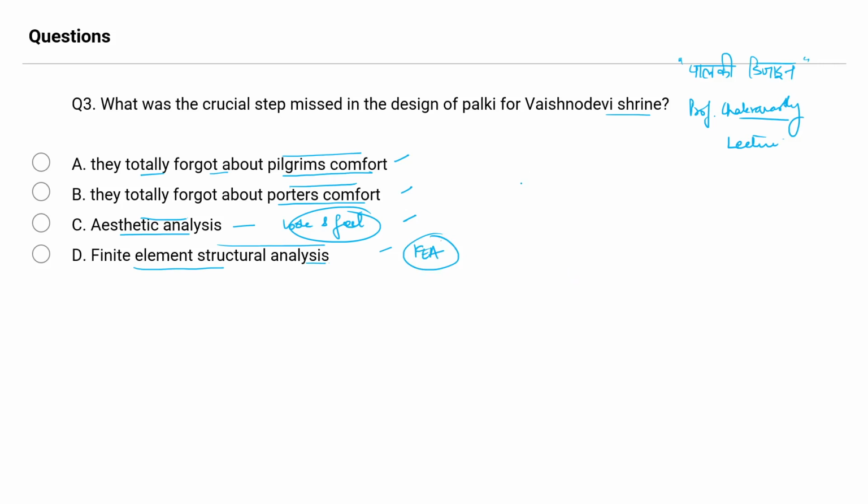I think D sounds right. Okay, sir says D. Anyone else? Sir, what do you think this analysis helped them with, and was it crucial for them to do it?